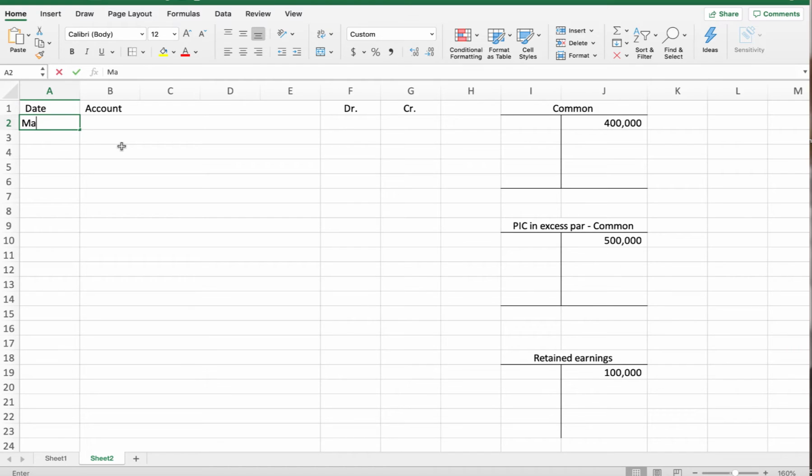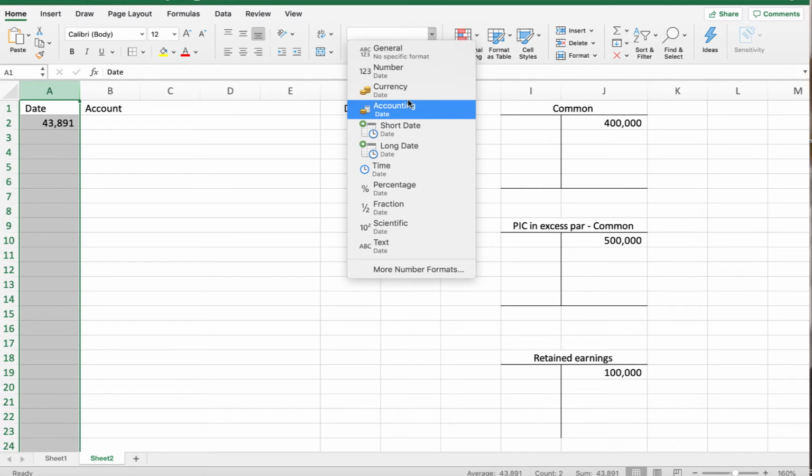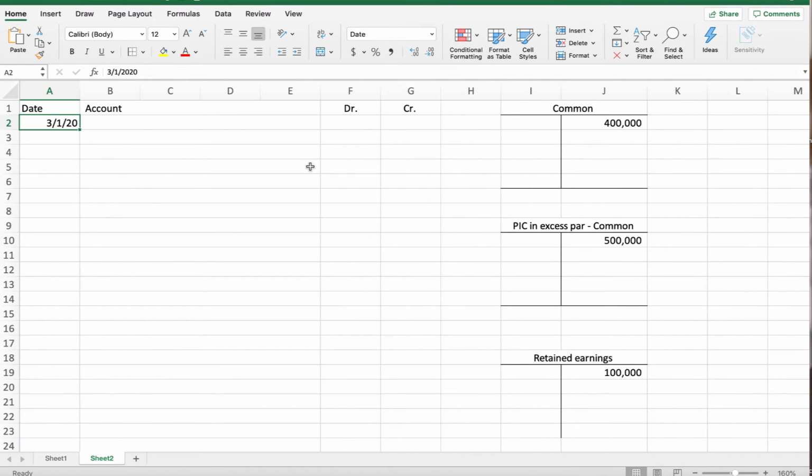So first thing we're going to do is our first journal entry. And they tell us that on March 1st, 2017, we purchased 5,000 shares at $7 per share, okay?